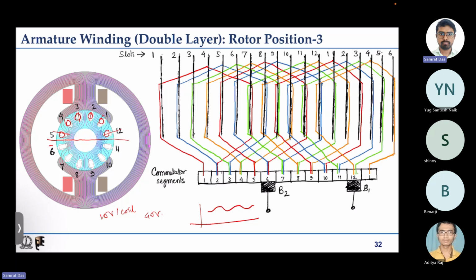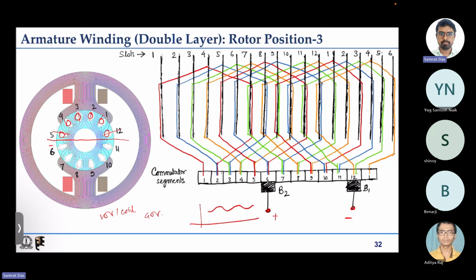So we understood the commutator and brush arrangement, how the different armature coils get connected in series and parallel ways, that converts the quasi square wave induced EMF that appears across the individual coils into a constant DC quantity across the two terminals of the brush.